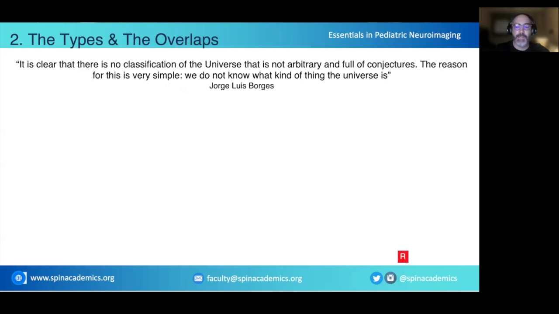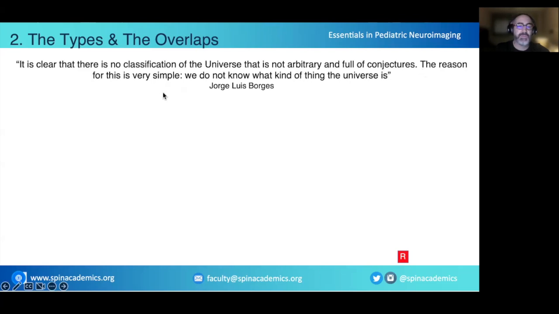I put this slide just to relativize some terms. You have to think of them not as a credo or something static, because all these entities are evolving. So I chose this quote from Jorge Luis Borges, an excellent Argentinian writer, who said, "It is clear that there is no classification of the universe that is not arbitrary and full of conjectures.